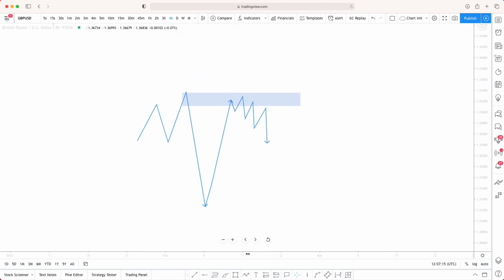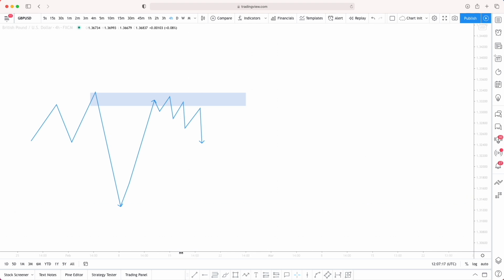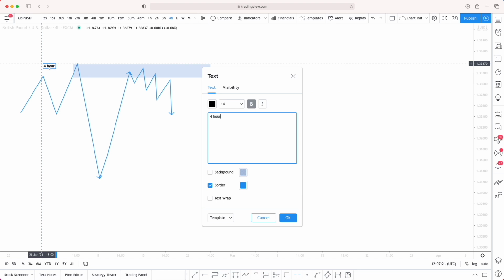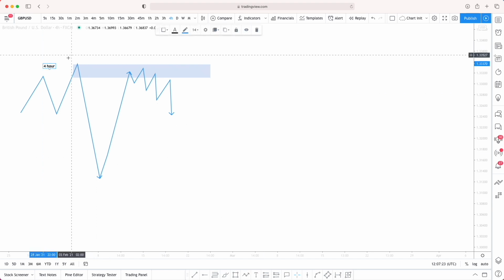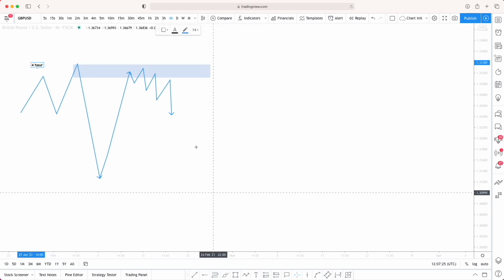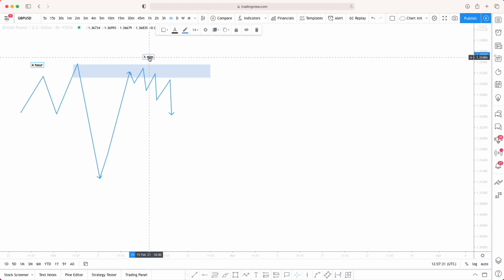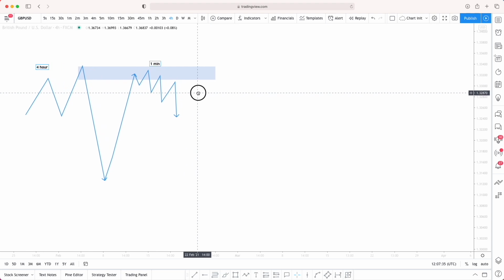Say for example, this is on the 4-hour time frame, and then what we wait for is a lower time frame. Let's just say the 1 minute is happening here. Wait for the 1 minute or 5 minute, or whatever time frame you wish to use on the lower time frame.